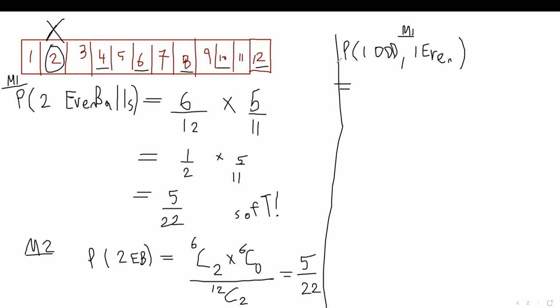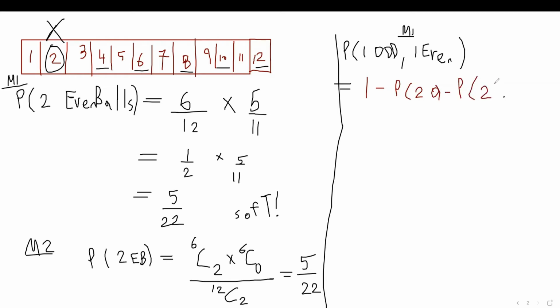To get one odd and one even, let me change the color. That can work out to be 1 minus the probability of getting 2 odd minus the probability of getting 2 even.